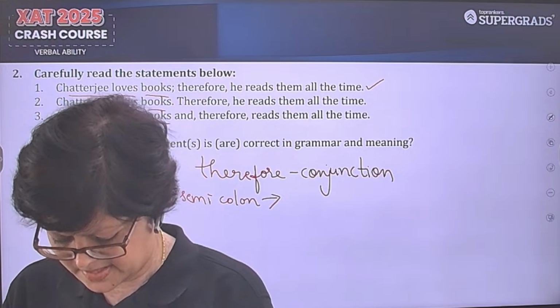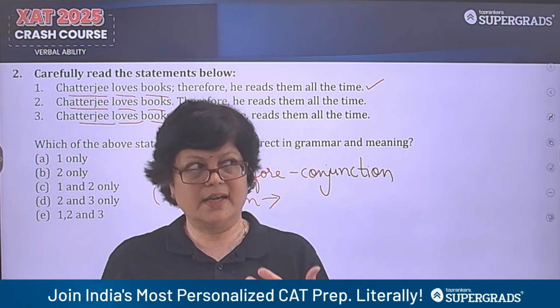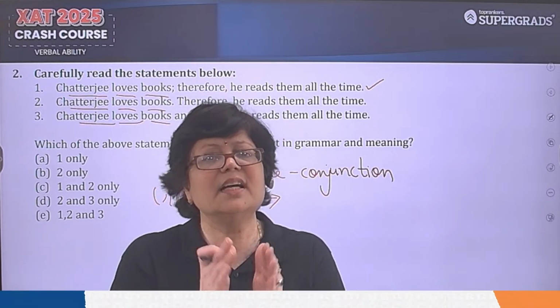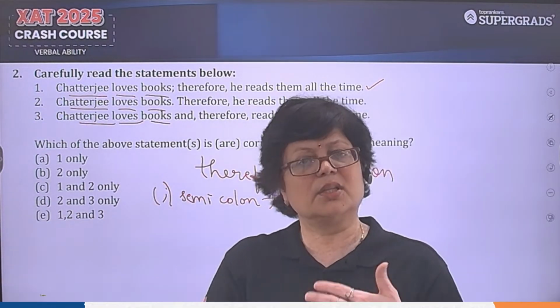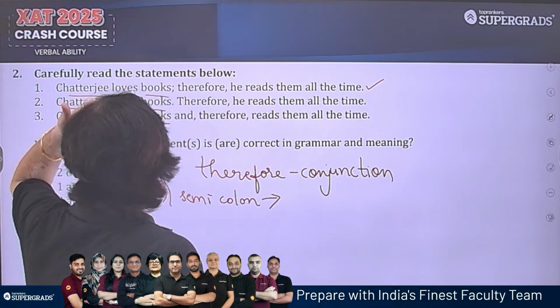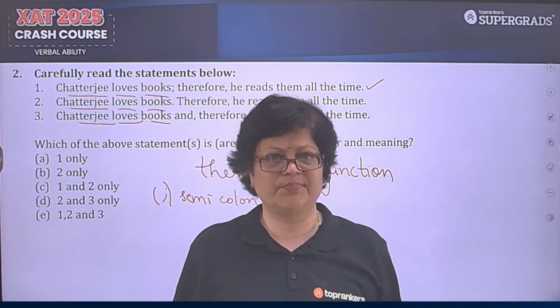They are connected. Now, semicolon is almost used as a full stop, period. Some people call it period. It is almost used as a full stop when you are ending a particular thought. But the thought continues into the other thought. So here this condition has been justified that this thought of Chatterjee loving the books is continued in the other one. He keeps on reading them continuously.